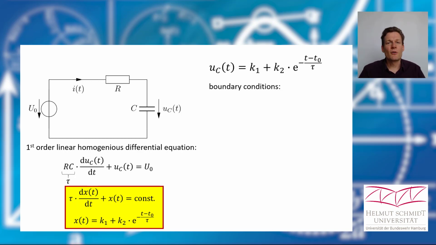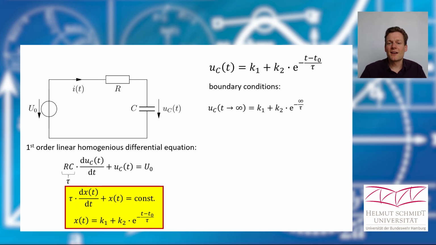And the first boundary condition we use is that we have a look at the voltage at the capacitor when we close the switch and wait a long time. Let's have a look at what happens in a mathematical way when we put infinity for our time variable t into the equation.